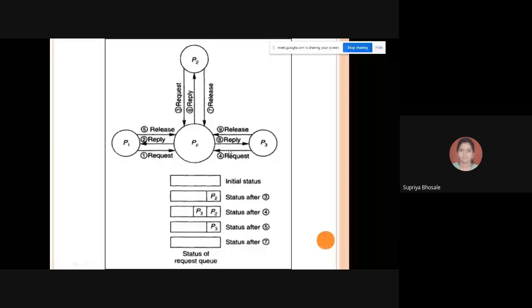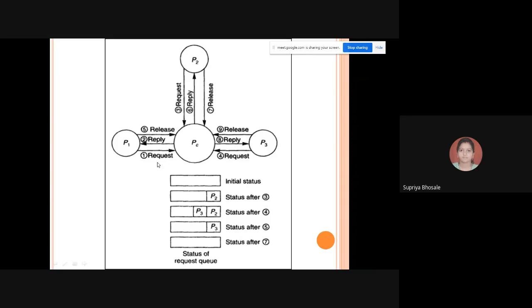So number 4 will come over here, but your coordinator is already aware that P1 is already in the critical section, P2 is there in the waiting list, and again the request from P3 is coming. So after this fourth request, PC will put this P3 also in the queue. So आता queue मध्ये P2 आणि P3 हे दोन्ही पण जाणार आहेत. बरोबर? So this is the condition after the request of 4.